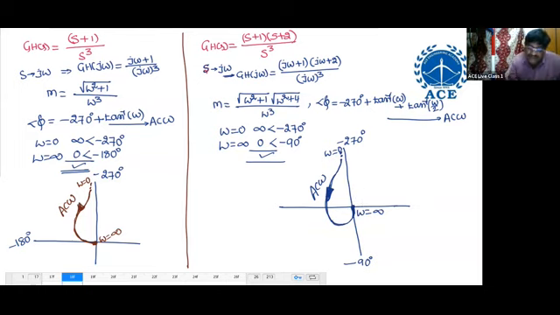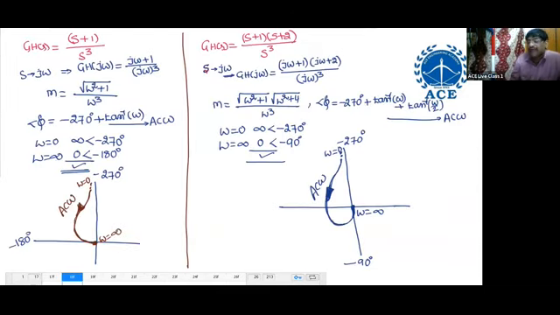Take one more zero, for example. Take GH of S equal to S plus 1, S plus 2, S plus 3, divided by S cube.